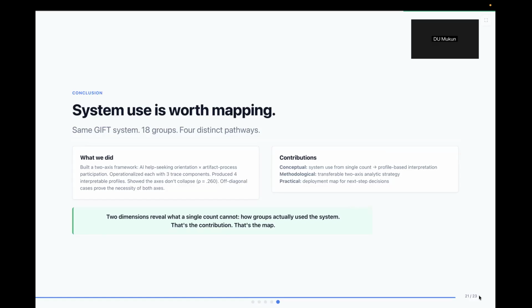The contributions are that we upgrade system use from a single count into a profile-based interpretation. Methodologically, we have built a transferable two-axis analytic strategy. And in a practical way, we have a deployment map for next-step decisions, which is useful for deployments after this, maybe next year or next semester.